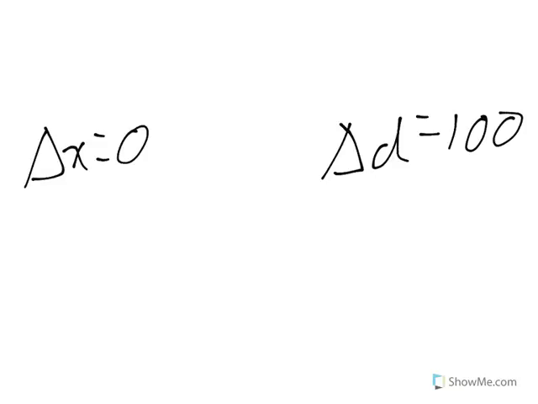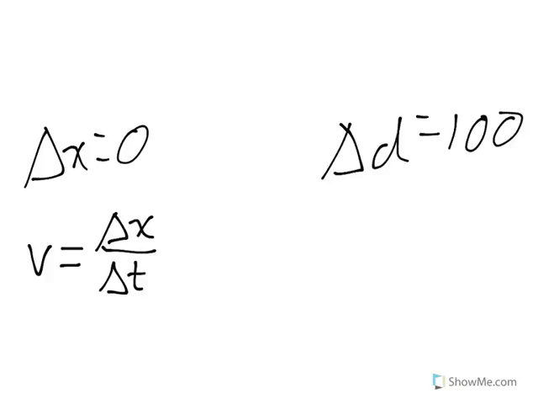To actually talk about what velocity and speed mean, we have to talk about how these change in time. So velocity is defined as v equals delta x over delta t, where delta t is change in time.